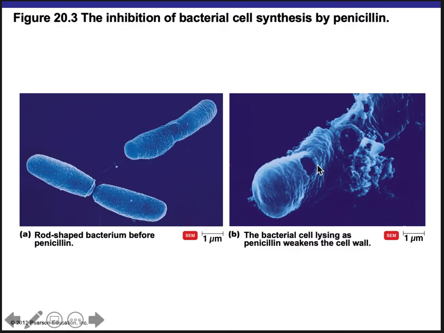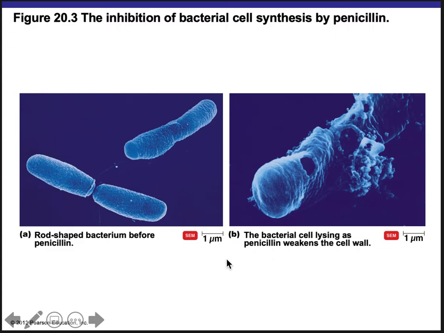So you can see this hole has been formed because of the weak cell wall. And in this cell next to it, you can see the cell has flattened. It's getting multiple holes, and the internal contents have leaked out. So the bacterial cell has lysed open due to penicillin antibiotic that weakened the cell wall.